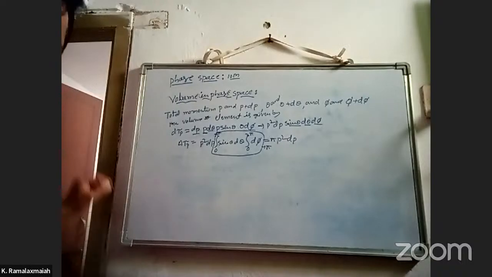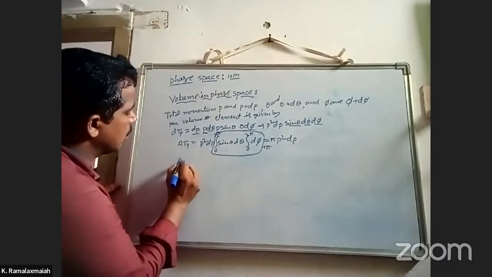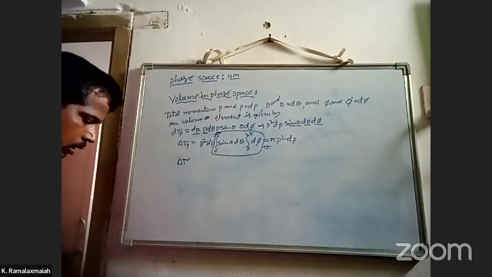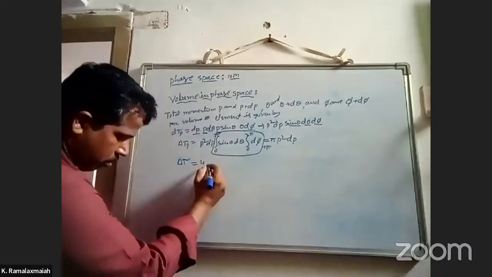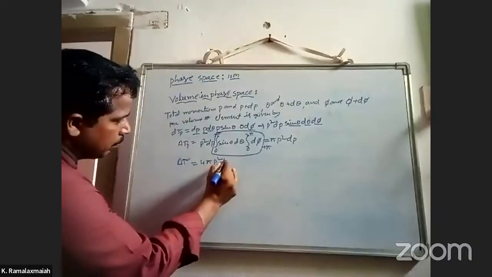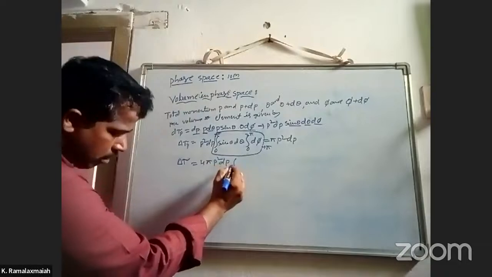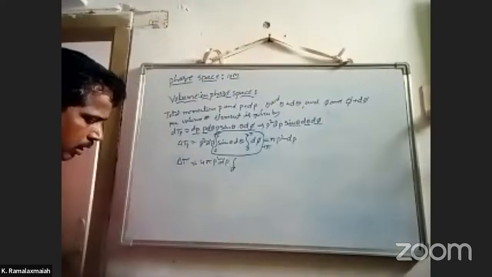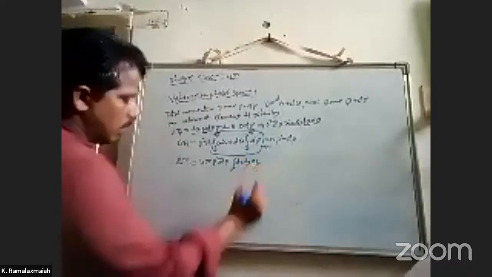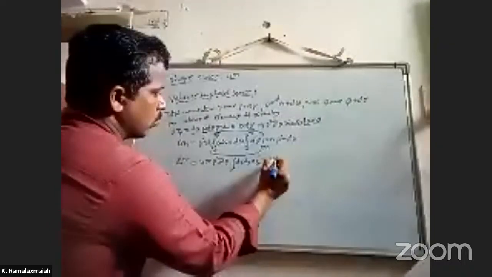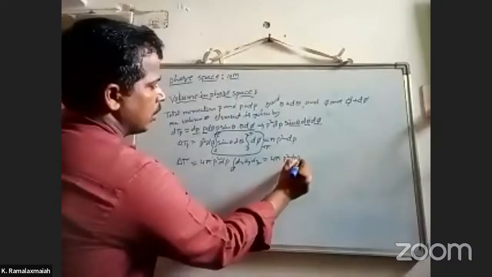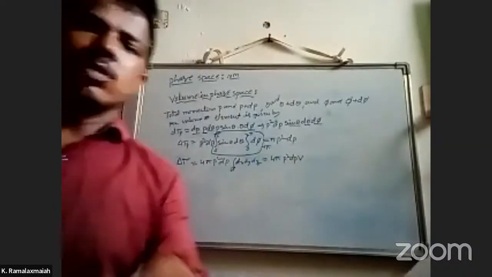So delta tau is equal to 4 pi p square dp times the integral of dx dy dz, which is equal to 4 pi p square dp times V.